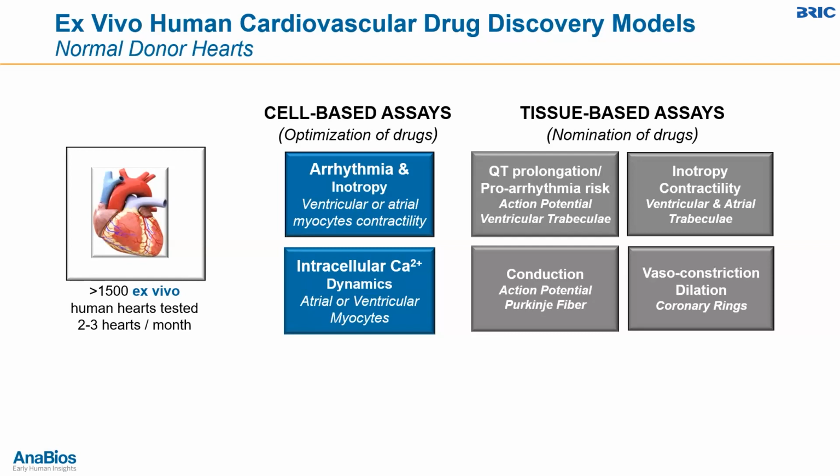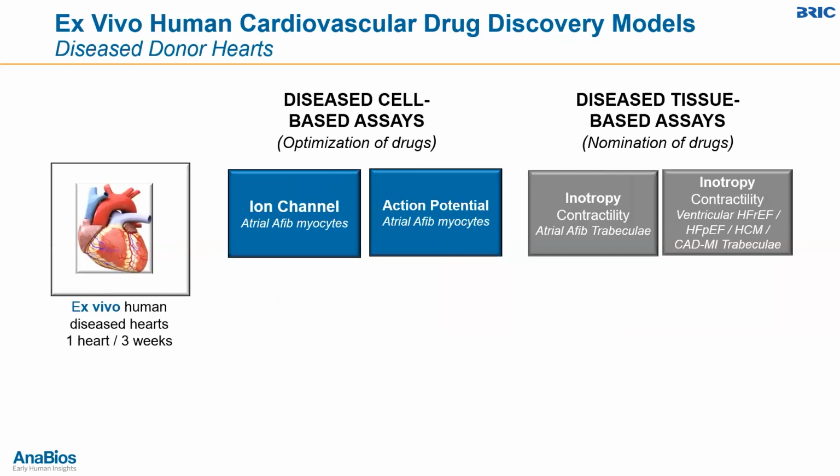In addition to the normal hearts, we also can recover diseased hearts. And this is where, again, our main activity and work is focused on nomination of drugs where we can run, again, the contractility experiment. As you can see from this slide, we can recover hearts from donors affected by heart failure.